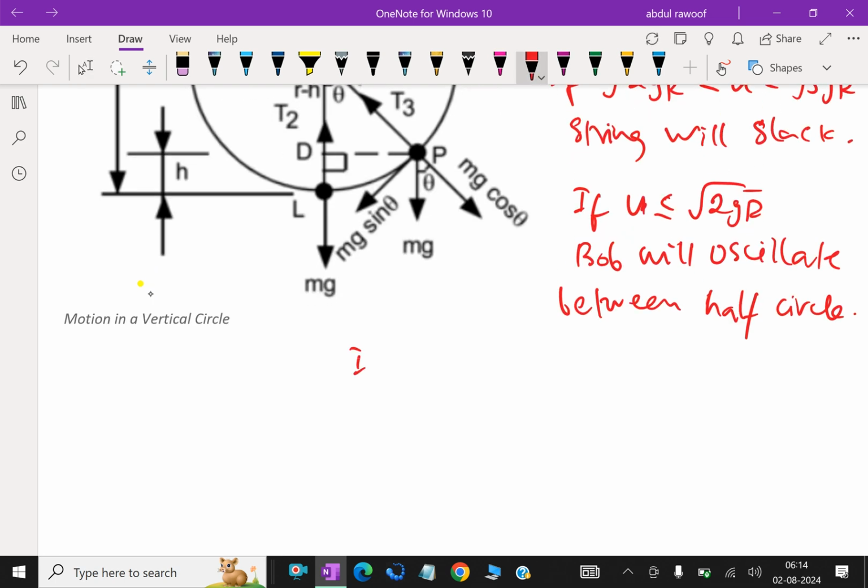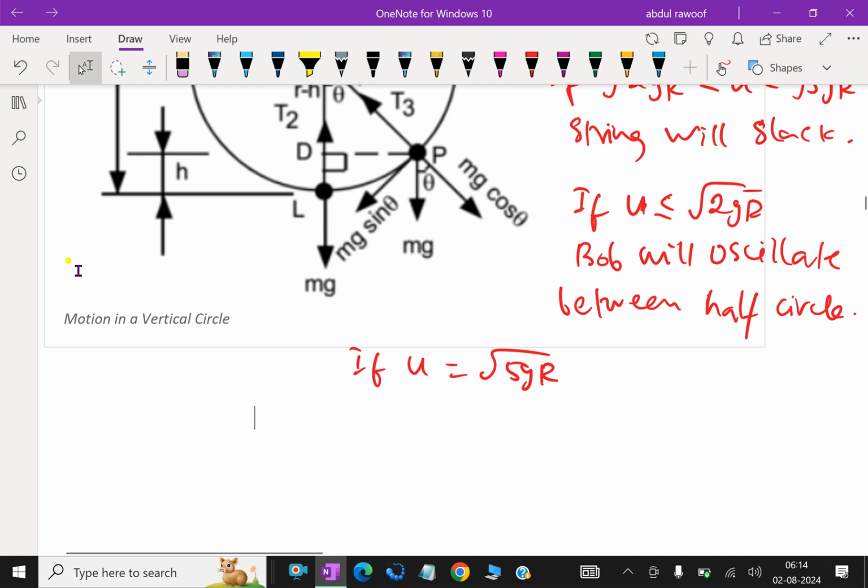Further, if u equals exactly square root of 5gr, where r is the radius, the bob will just complete the circle.